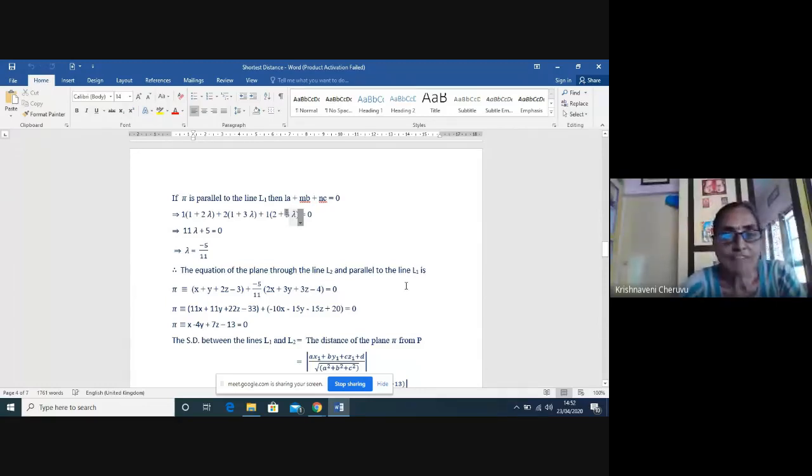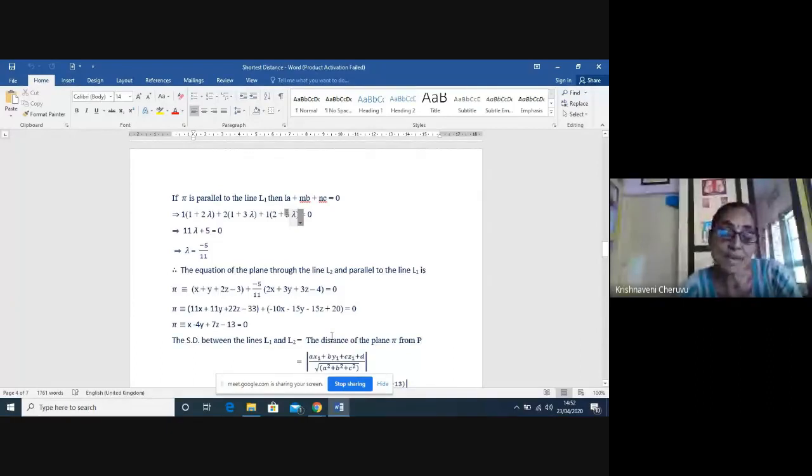How? See, you have L1 and you have a plane containing L2. So you can find the distance between these two. How? Distance of a plane from a point on the line. Okay, is that clear to you girls? So what you're going to do now is you're finding the distance between the two lines L1, L2. As L2 is in unsymmetric form, you are finding a plane containing L2.